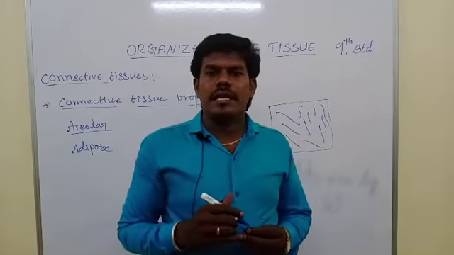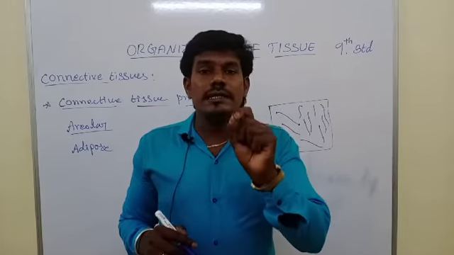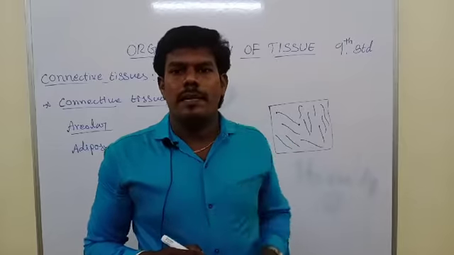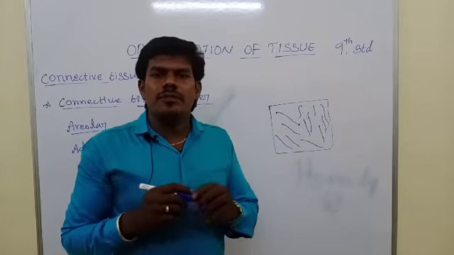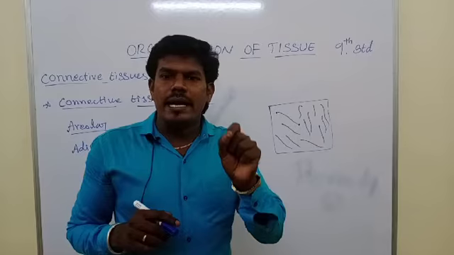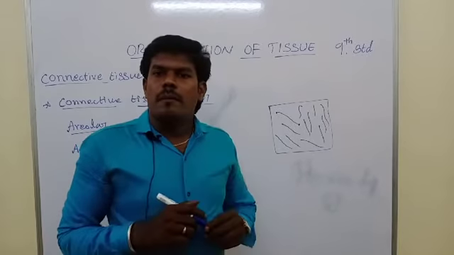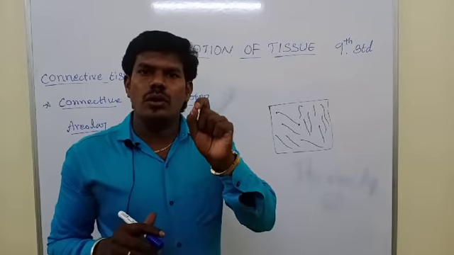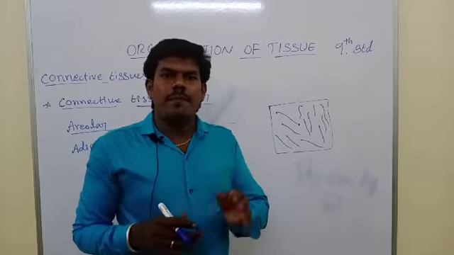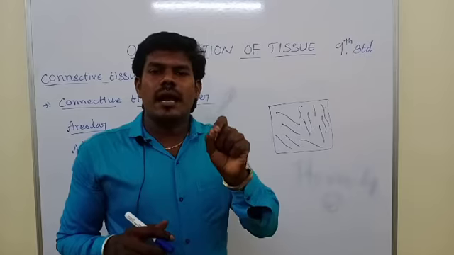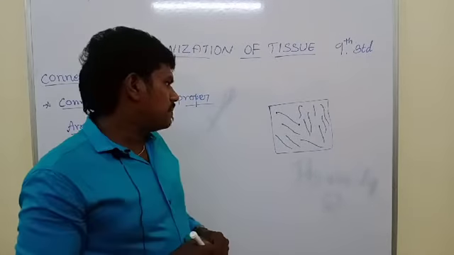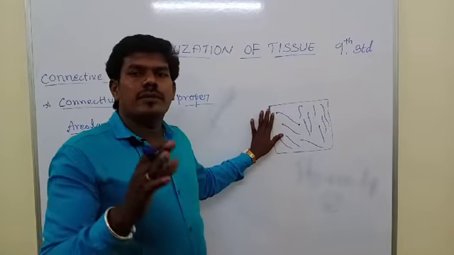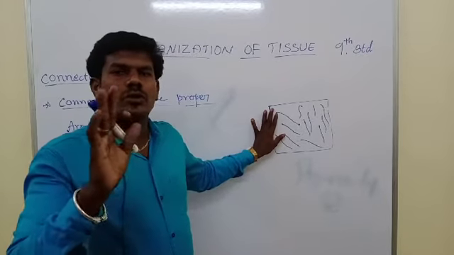It joins skin to muscles, fills the space inside organs, and is found around muscles, blood vessels and nerves. It helps in repairing tissues after injury and fixes skin to the underlying muscles.